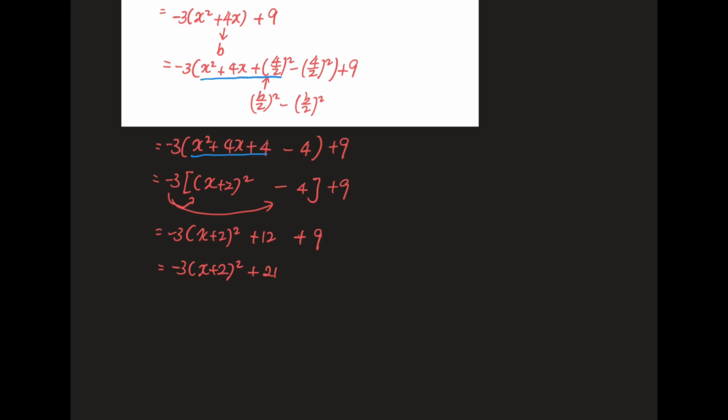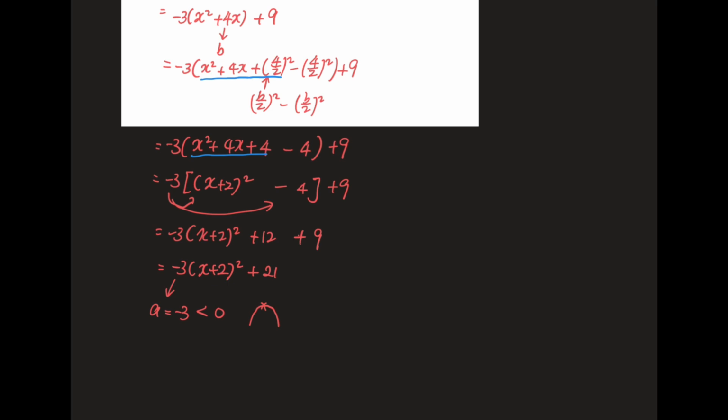Okay, so we have done completing the square here, and now what we can do is find out the stationary point. First you look at the a here. The a is minus 3, which is a negative value, less than 0, so we need to know that the graph is a sad face graph.